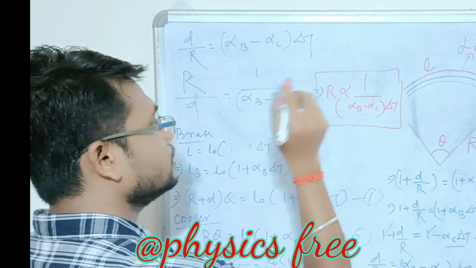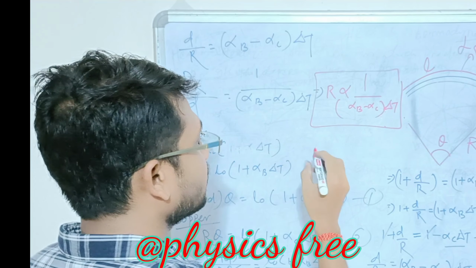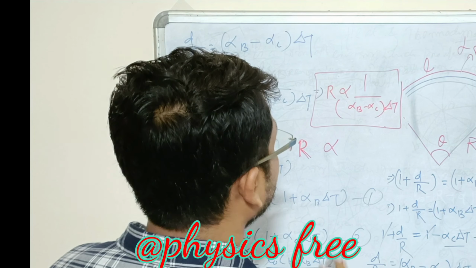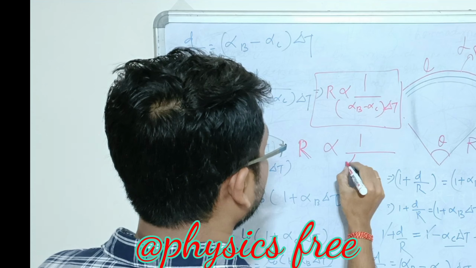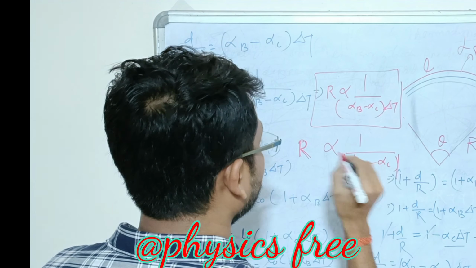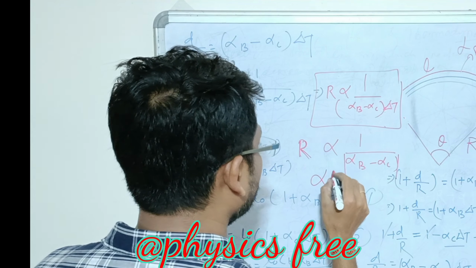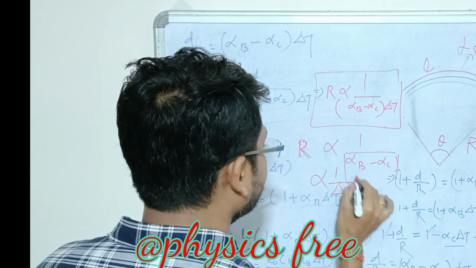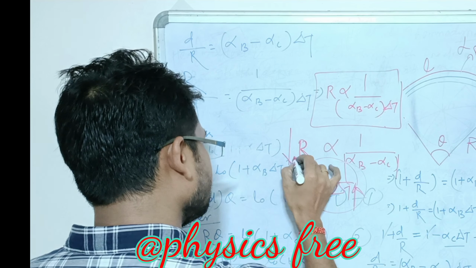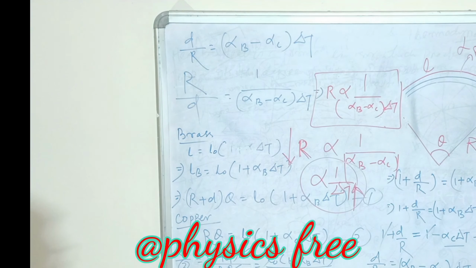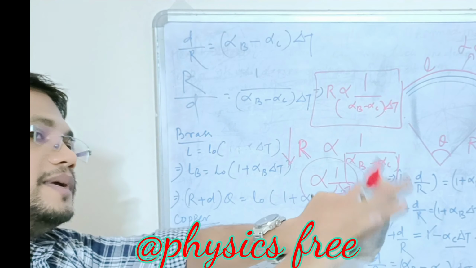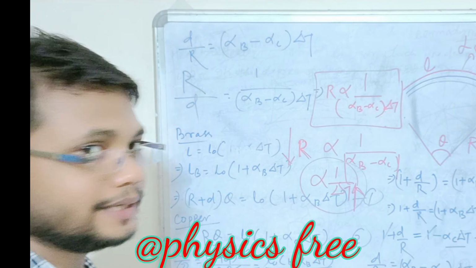So r is inversely proportional to the difference of alphas and also inversely proportional to the temperature. If the temperature increases, the radius of curvature will decrease.